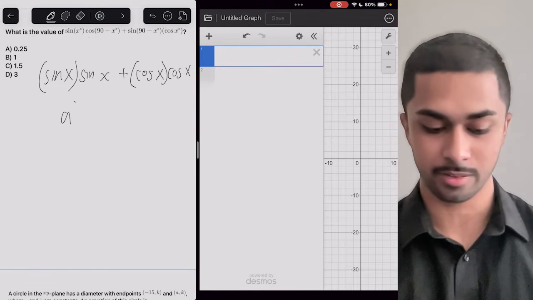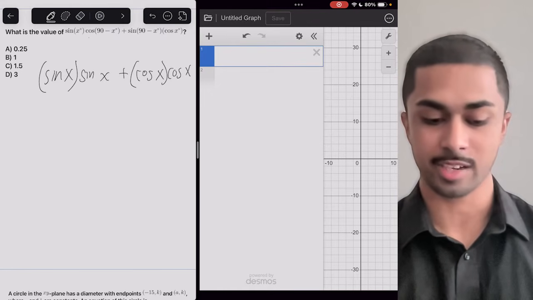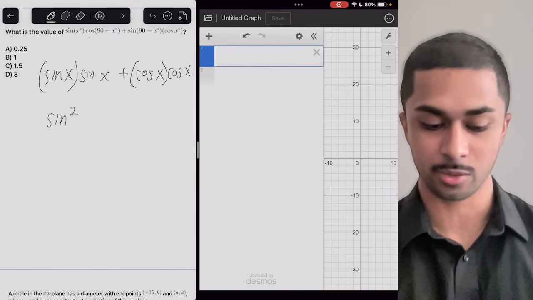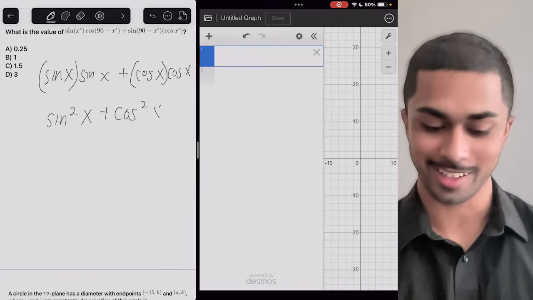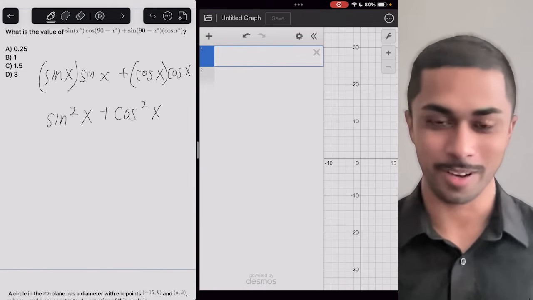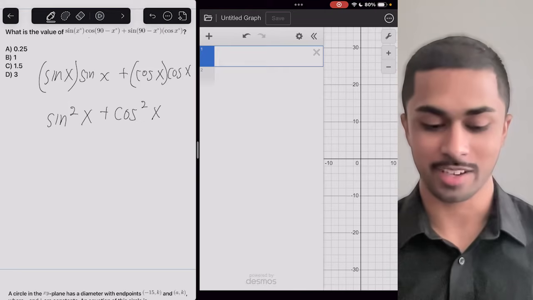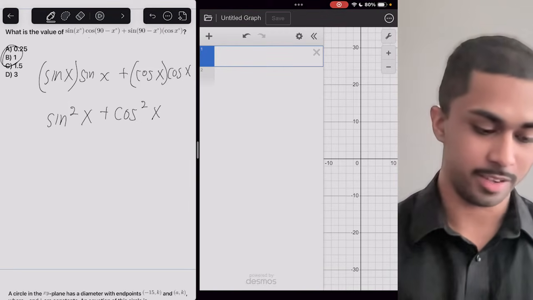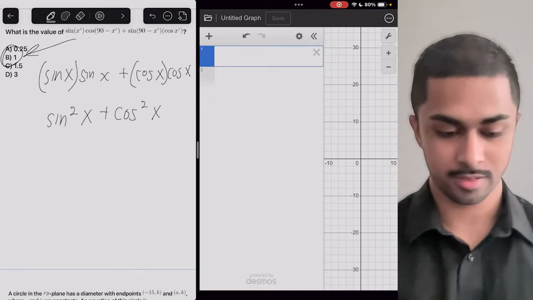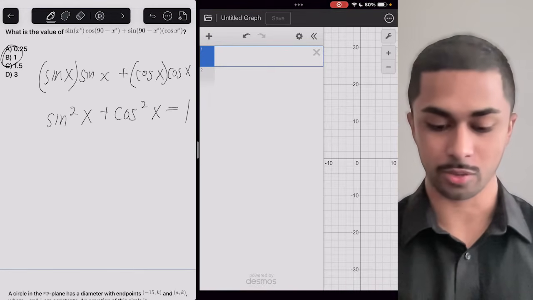A squared, right? So sine x times sine x is just sine squared x plus cosine squared x. And I think that you might see it, but sine squared x plus cosine squared x is the famous identity. This is equal to 1.